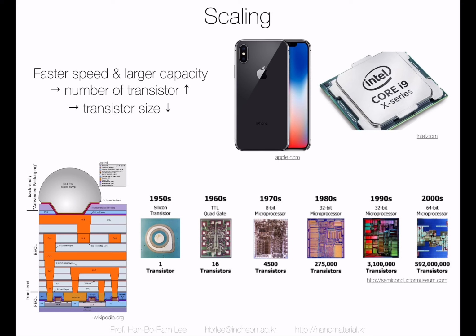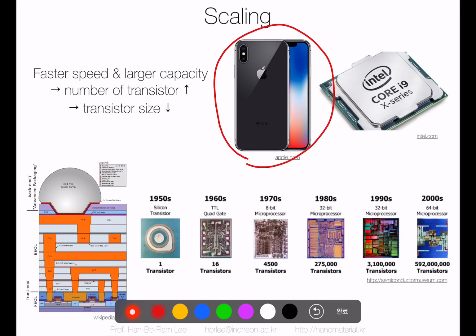For example, if you have an iPhone 10, most customers want a faster iPhone, a larger capacity, and probably a higher resolution camera. And this is the Intel CPU, which is in all of your laptops or desktops. Computer users also want a fast computer, larger capacity in their hard disk drive, and better performance.